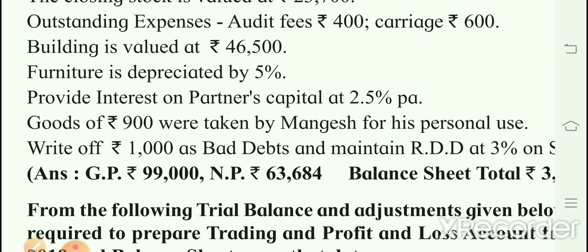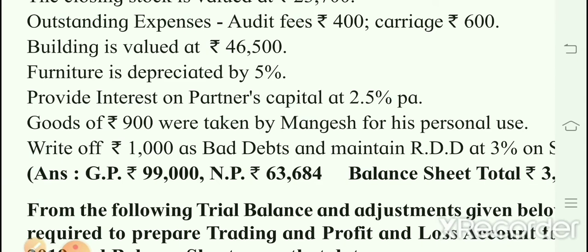This interest will be charged for 12 months as the date of introducing the capital is not given to us. So we will charge the interest for the whole year. The amount of interest will be 3,750. Similarly, calculate the amount for Mangesh. His capital is 50,000 into 2.5 divided by 100. The amount will be 1,250.